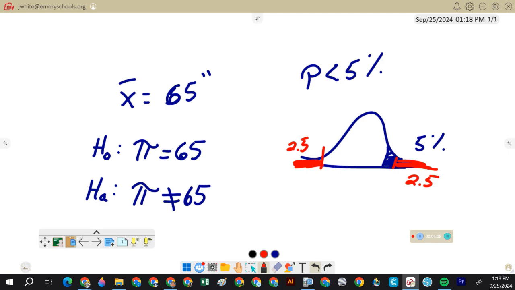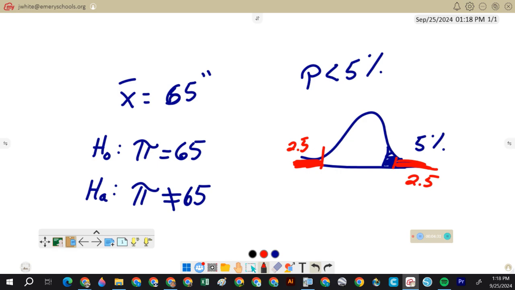Is it easier or harder to reject the null in a two-tailed test versus a one-tailed test? Is it easier to land in the red shaded areas or the blue shaded area? It's easier to land in the blue.